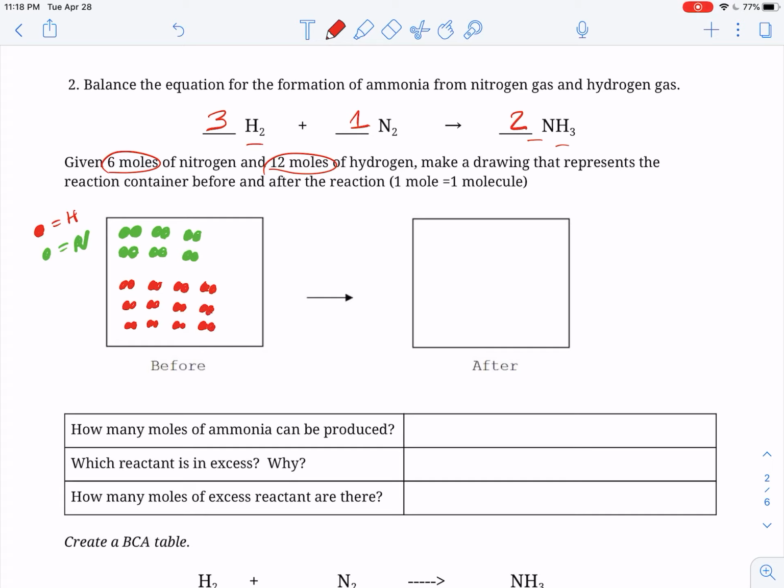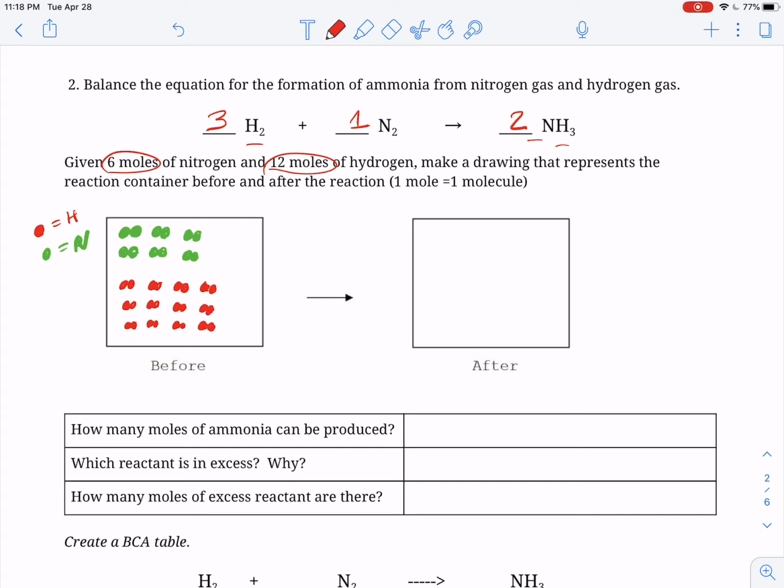Okay, so I'm going to do the same thing like before. I'm going to just cross them out as I go because that's a good way to learn it. All right, I'm going to put that onto yellow. Every product molecule is going to be an NH3, okay?